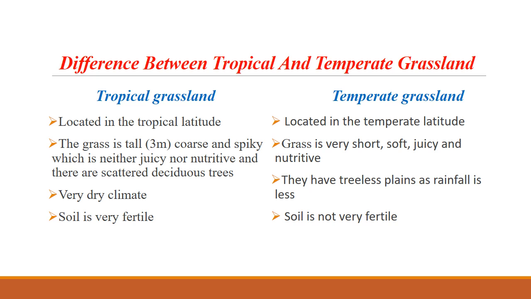Tropical grassland is characterized by a very dry climate, while temperate grassland is characterized by a cold climate, with treeless plains as the rainfall is less. The soil in tropical grassland is very fertile. Soil in temperate grassland is not very fertile.